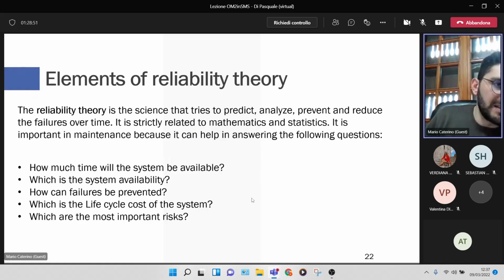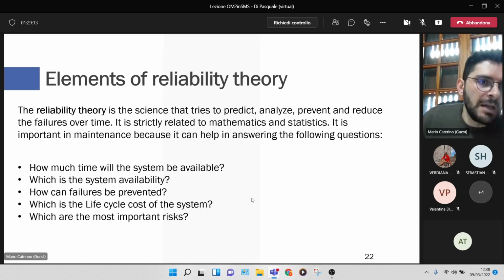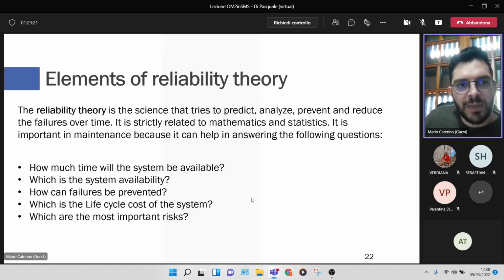It is obviously strictly related to mathematics and statistics, and it is very important for maintenance because it can help in answering some important questions related, for example, to how much time the system will be available, which will be the total system availability, how failures can be prevented, which can be the life cycle cost for the system, and which are the most important risks related to the systems.